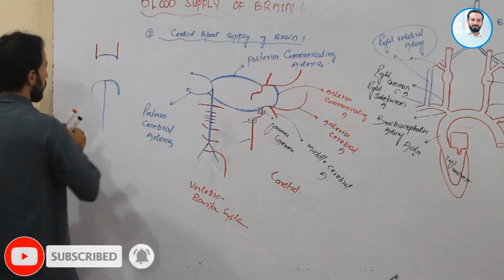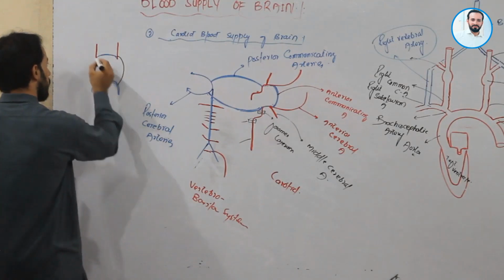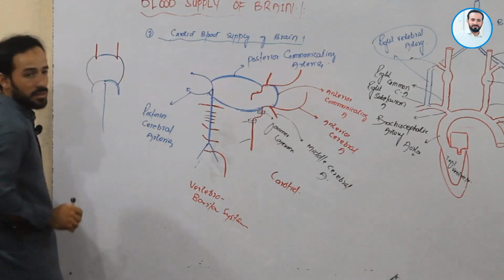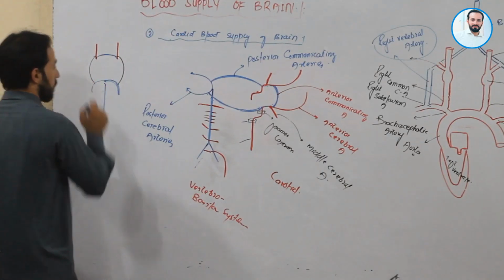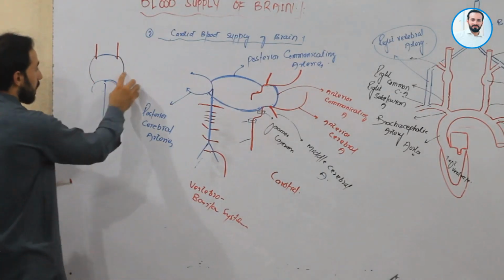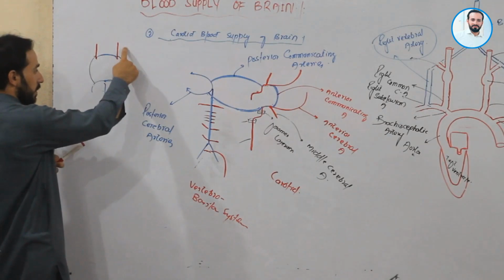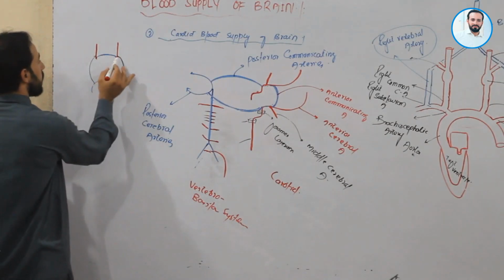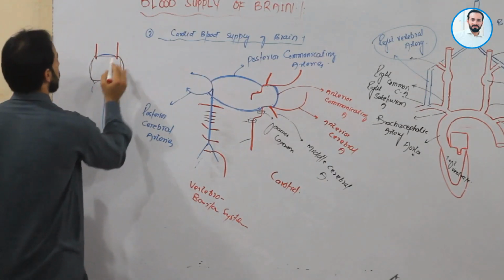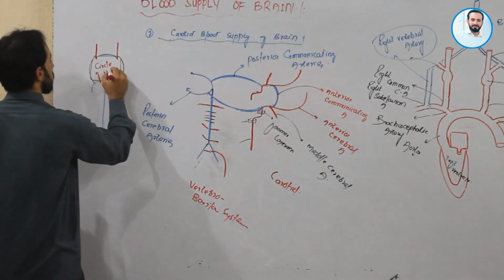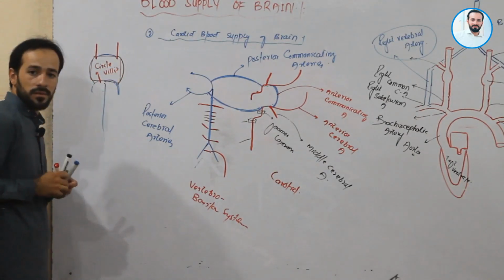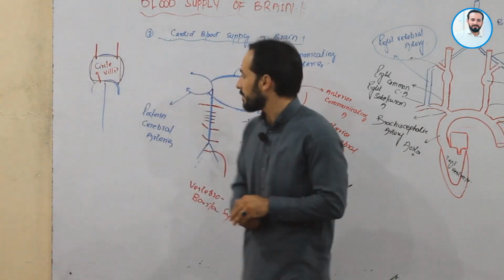So these posterior cerebral arteries and these anterior cerebral arteries are communicated by these posterior communicating arteries. Now by the communication of the anterior system and posterior system, a circle is formed, and this circle is called the circle of Willis. Circle of Willis. Right friends?